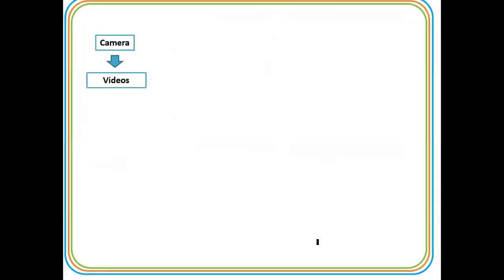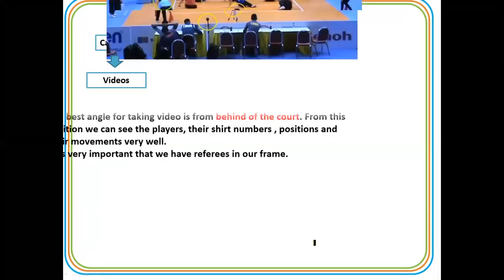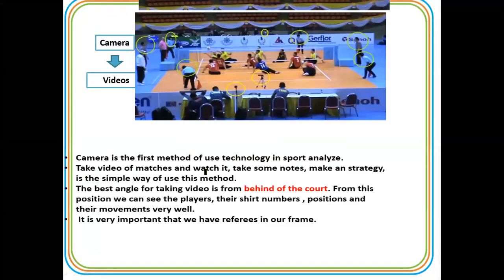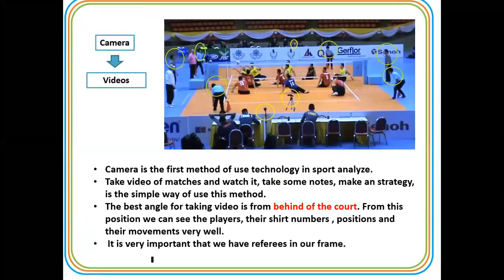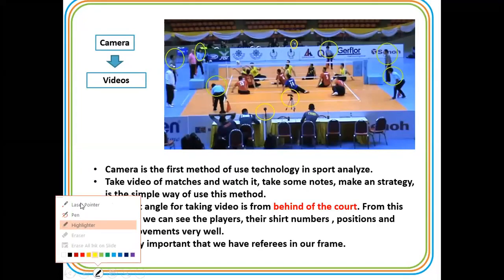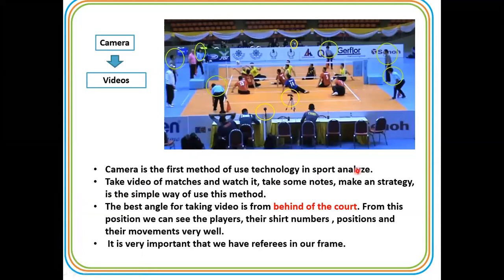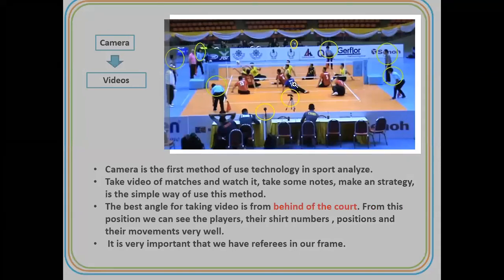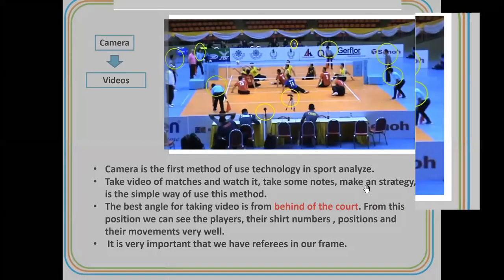Okay. In the next section, the first method of using technology in analysis is using a camera. It's very important that we have a good angle for that. For example, in this picture, I try to show you the good angle.